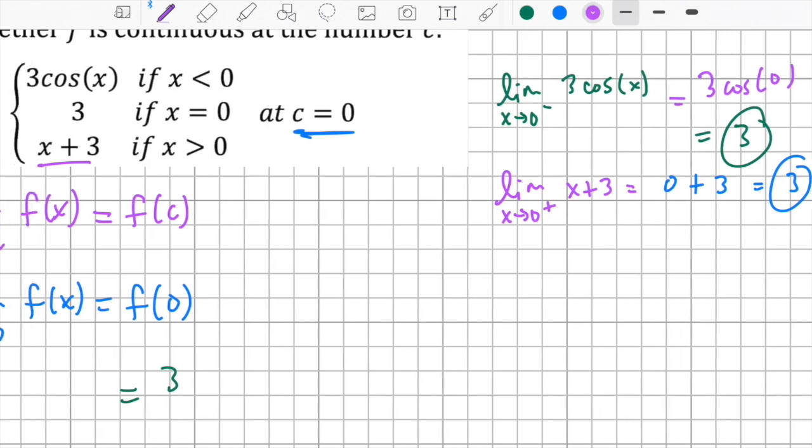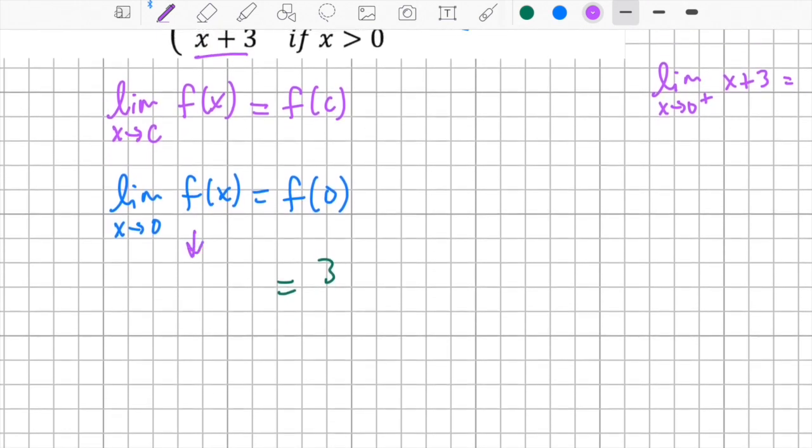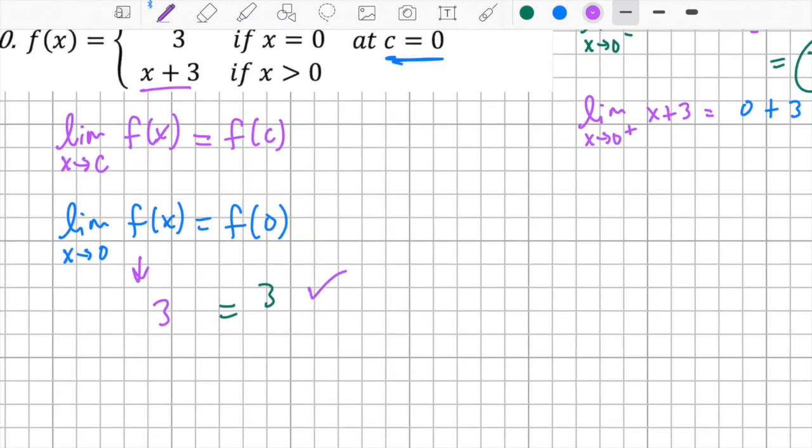What that tells me is that the limit exists and it's equal to 3. So therefore, the limit as x approaches 0 of f of x is equal to 3. So since the limit of f of x is equal to f of c, yes, it is continuous at c.